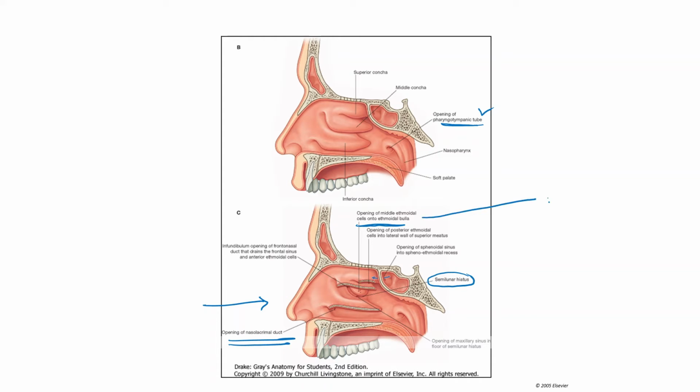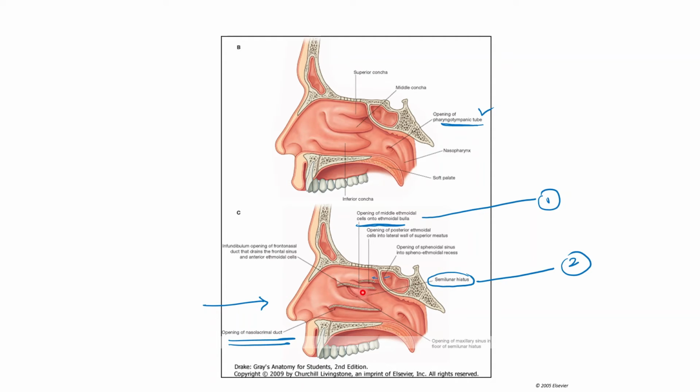The ethmoidal bulla is the mucosal bulge present in the middle meatus. Immediately beneath the bulla ethmoidalis, there is a crescentic space, which is called the hiatus semilunaris.